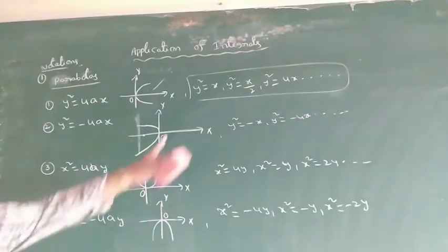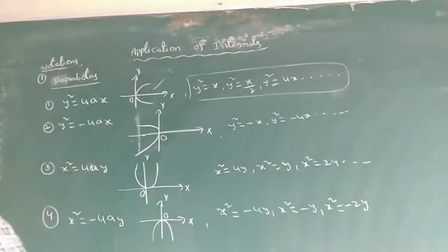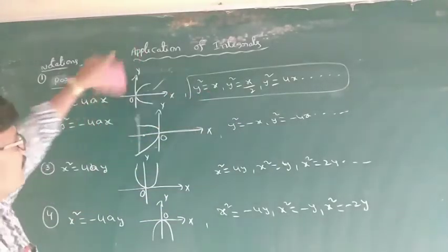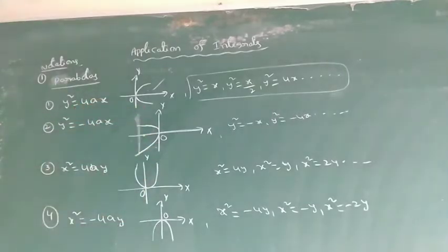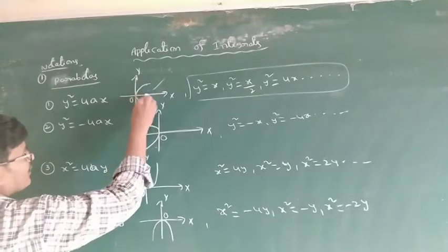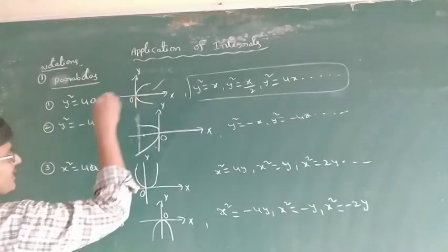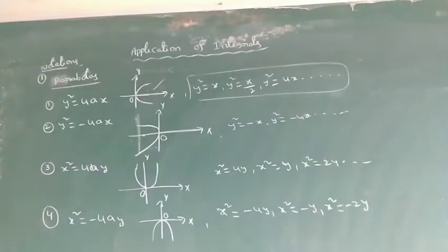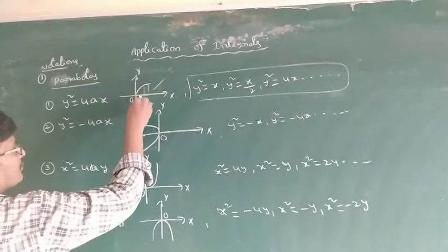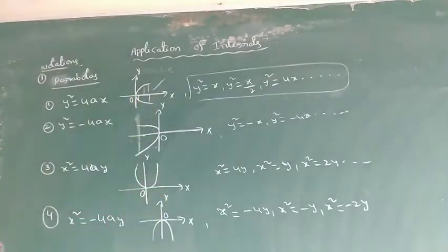First, y square is equal to x. Find the area of the curve y square is equal to x. First of all you can draw the diagram. The parabolas are symmetric. Symmetric means the part above the x-axis and below the x-axis are the same. The area of this one and that part are the same.